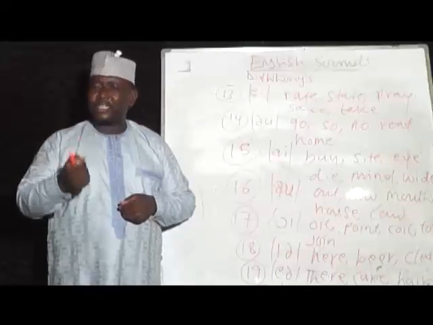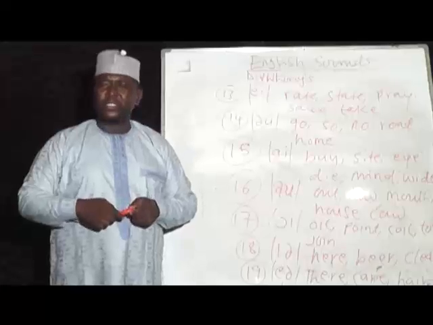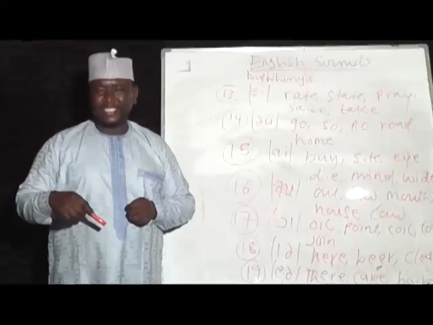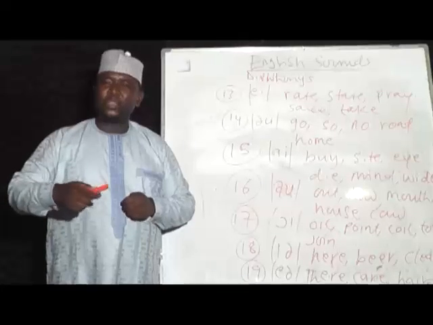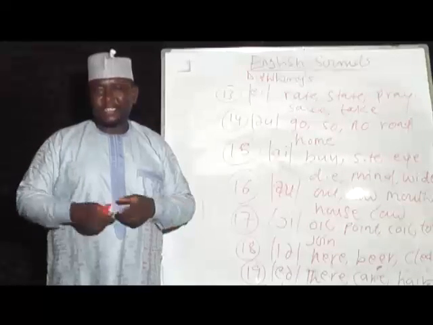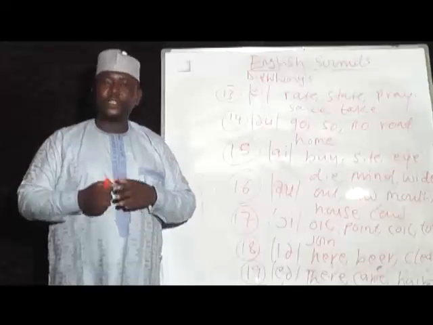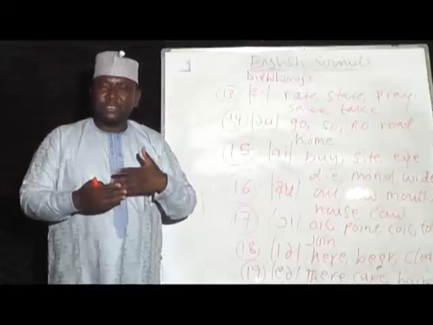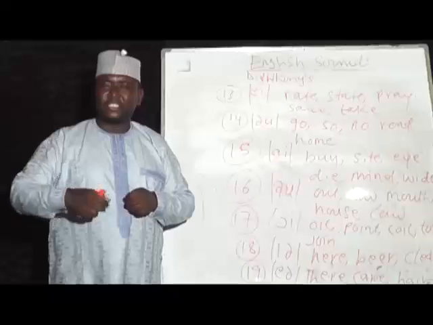And hypercorrection is one of the sources of errors. When you say you must speak like the native speaker of English overnight, it will only lead to certain errors that should be avoided. So it is not something that we should just do overnight, but we do it gradually with practice.